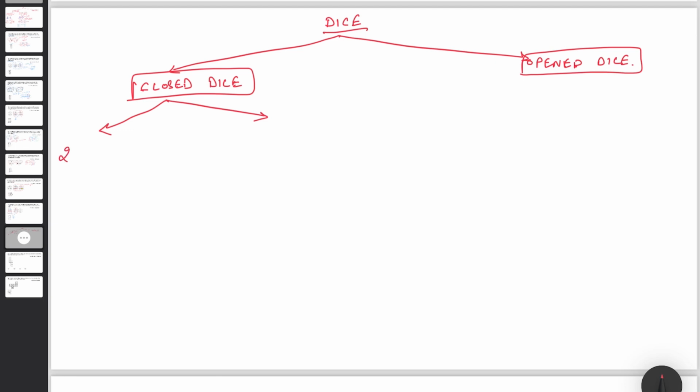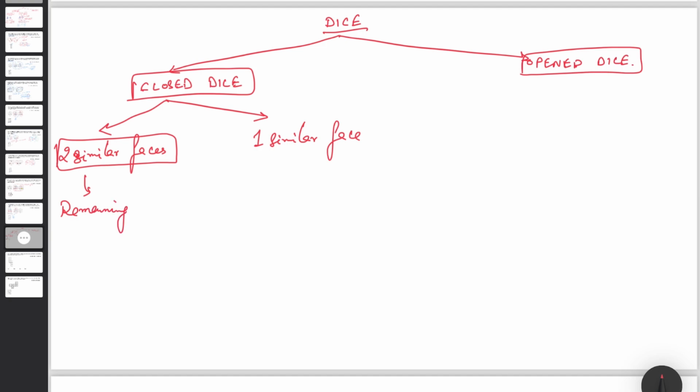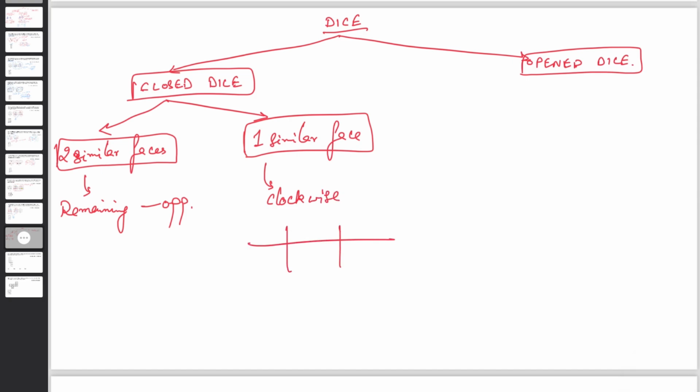The first one is 2 similar faces, and the second one is 1 similar face. For 2 similar faces, the remaining are the opposite ones. And for 1 similar face, the technique is we need to see the clockwise direction and write like this.